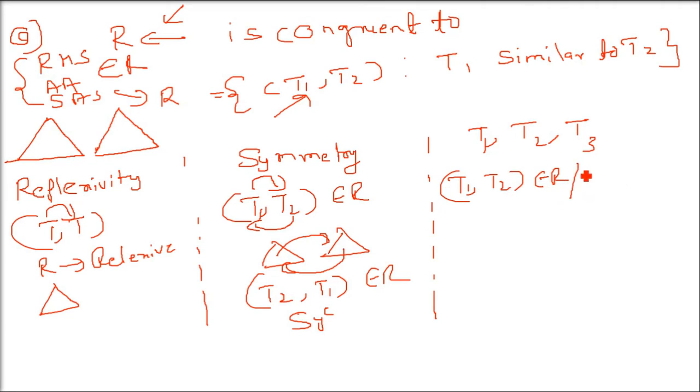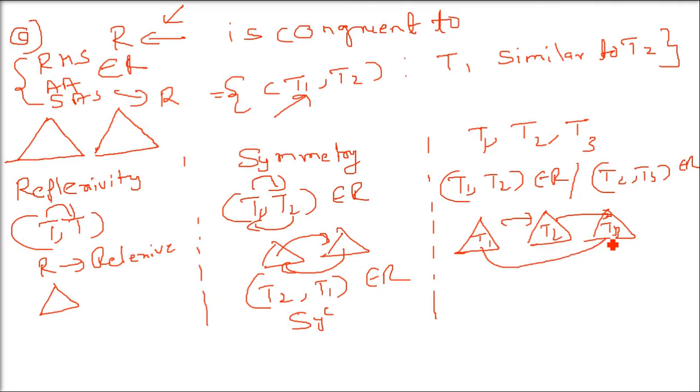So when (T1, T2) belongs to the relation and it is also given that (T2, T3) belongs to that relation, that is, one triangle is similar to another and the second triangle is similar to the third one, that means what? T3, the third triangle, has to be similar to T1, the first one. So (T1, T3) has to be similar.